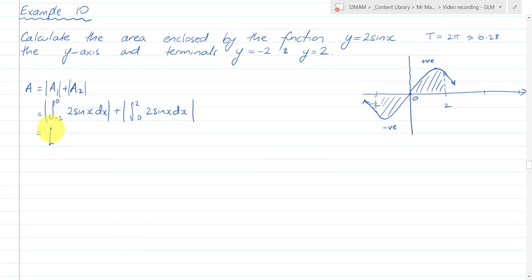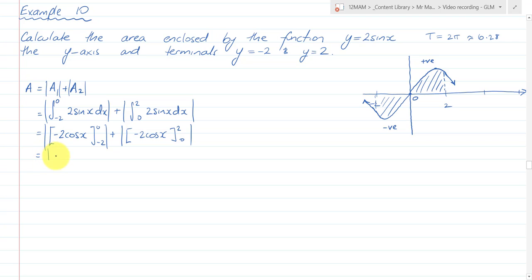And this, of course, is equal to 2 cos x between 0 and -2, but of course it's a negative value, because cos derives to give negative sine. And then plus, I have to make sure I've got my absolute value signs there, the absolute value of -2 cos x between 2 and 0.